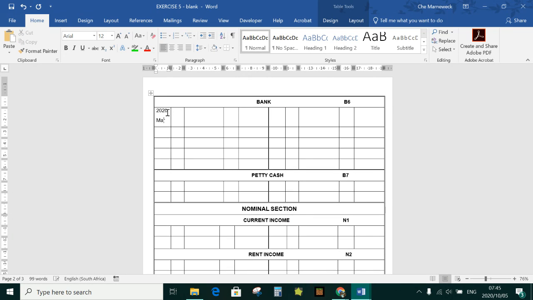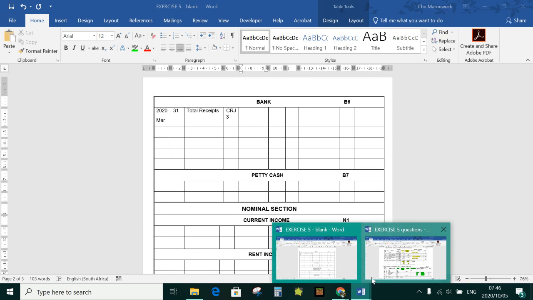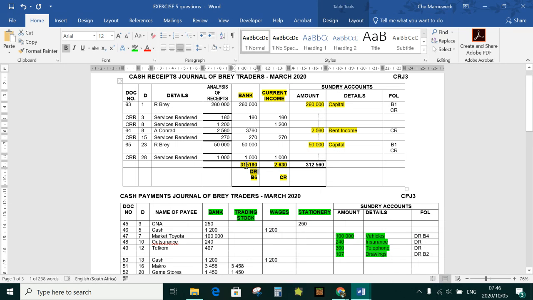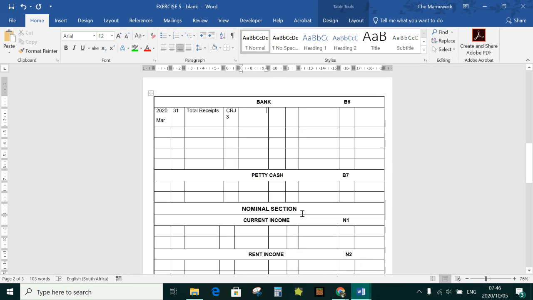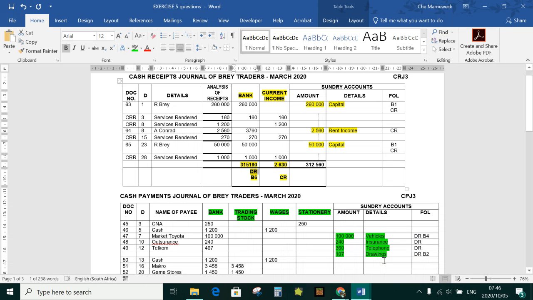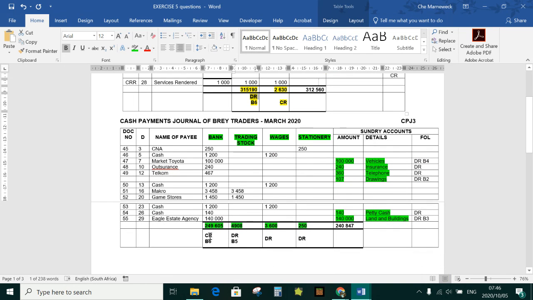2020 March 31st. We cannot write bank in bank. So it's total receipts, all the money that we've received from the CRJ, and the total of that bank column is 315,190. We then have to post the total of the bank column in the cash payments journal.